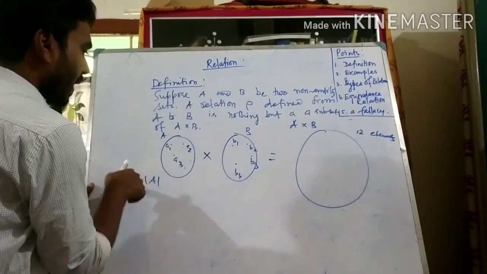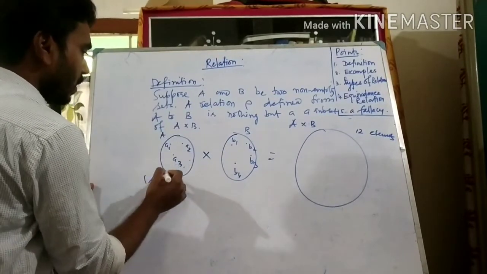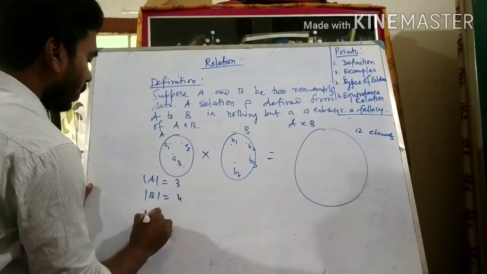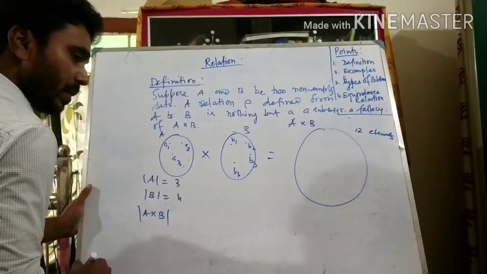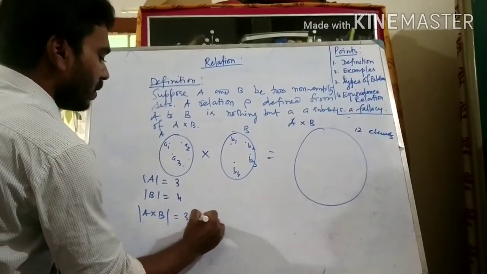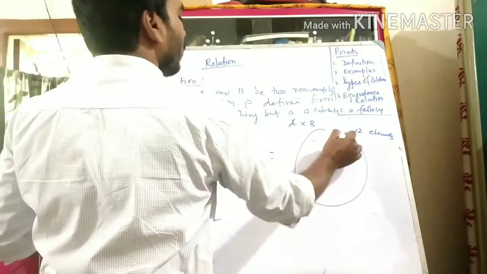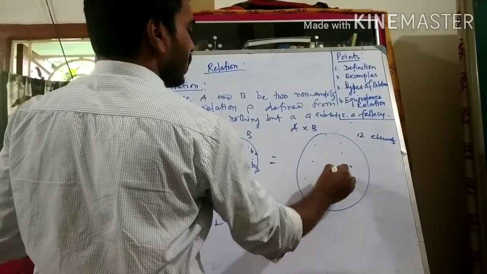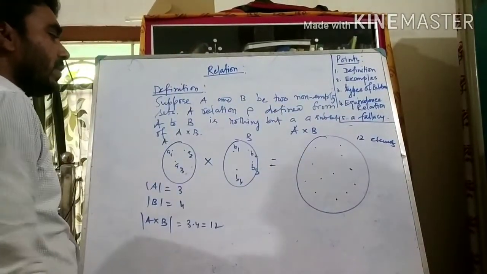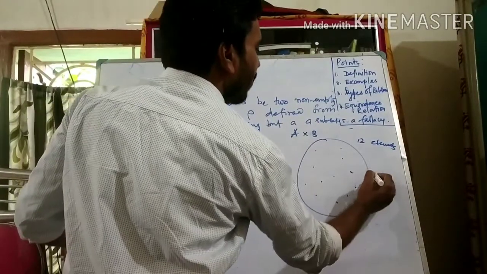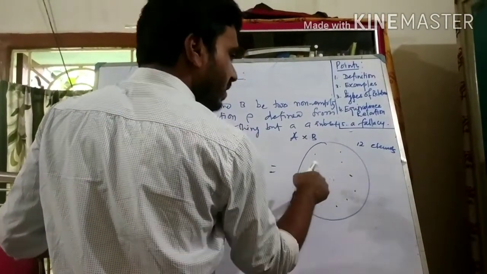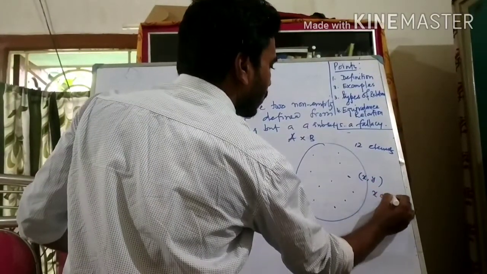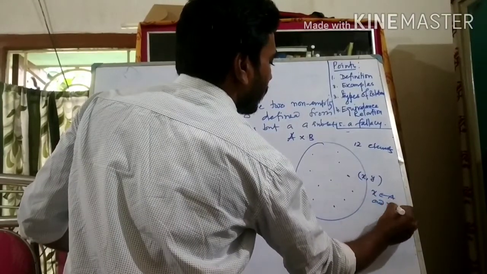Because the order of A, the number of elements in A, is 3. Order of B is 4. So the number of elements of A cross B is 3 into 4, namely 12. Each of the 12 elements will be of the form (x, y), where x belongs to A and y belongs to B.